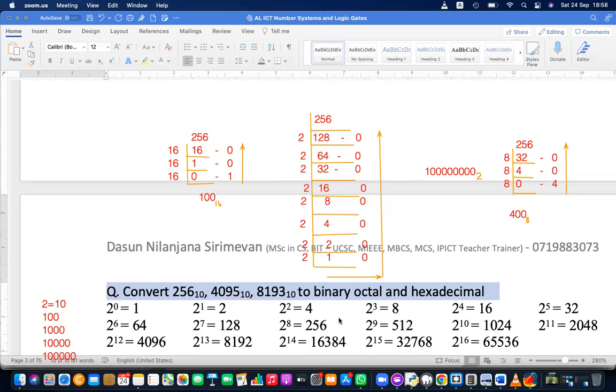And similarly, 2 to the power 8, which is 256, is 1 and 8 zeros. So with these powers of 2, you can easily guess the answer.